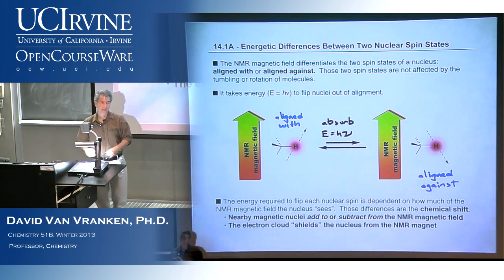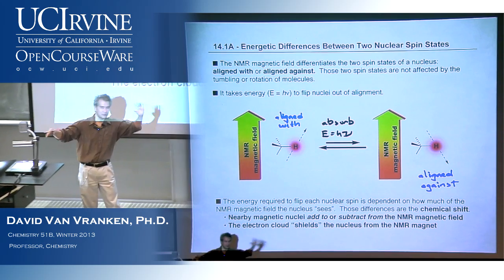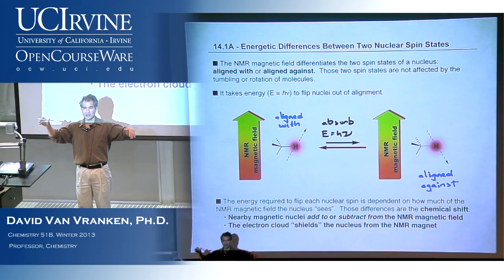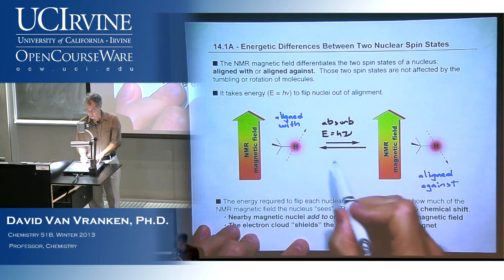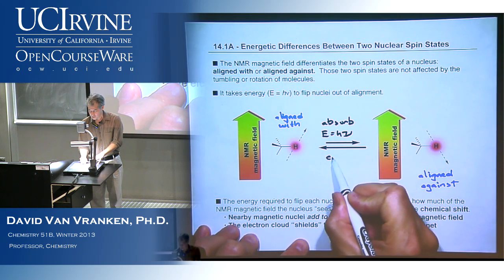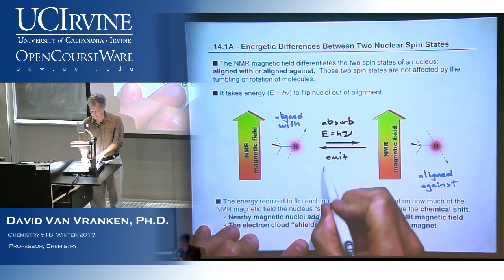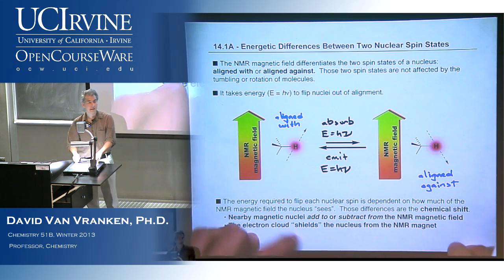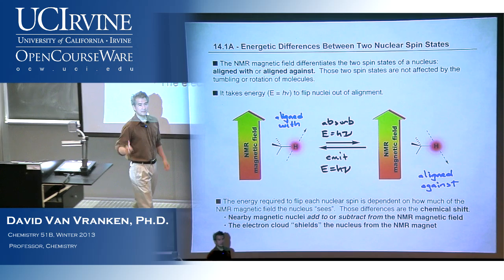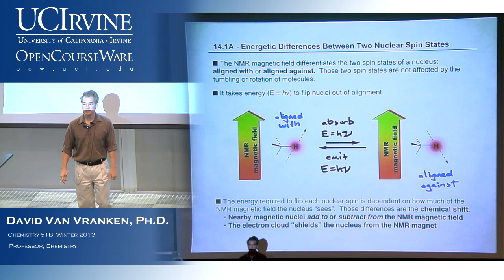That proton will sit there, and eventually it'll jostle around with other molecules and spontaneously revert back to the other spin state. When it does that, it will emit energy at exactly the same frequency that it absorbed. This is the basis of the NMR experiment.